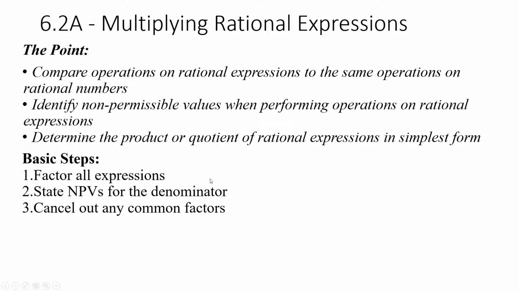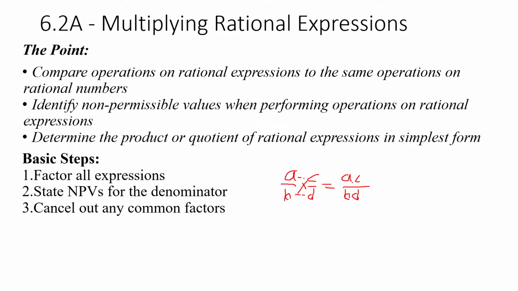Multiplying rational expressions. So this is going to be in the form where we have an a over b times c over d, and we're going to be looking at how to work with this. We know that when we're multiplying fractions, we multiply straight across, and we can combine them into one fraction, a times c over b times d.